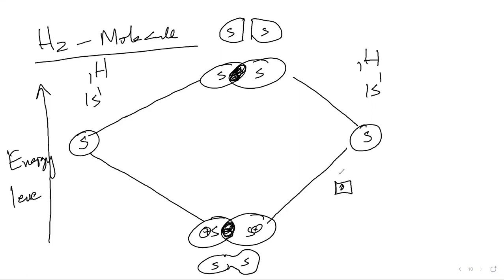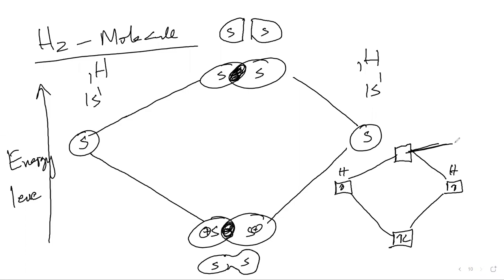This is one hydrogen. This is another hydrogen. When they overlap with each other, they form the molecular orbital. And electrons stay there. But here, it remains empty.